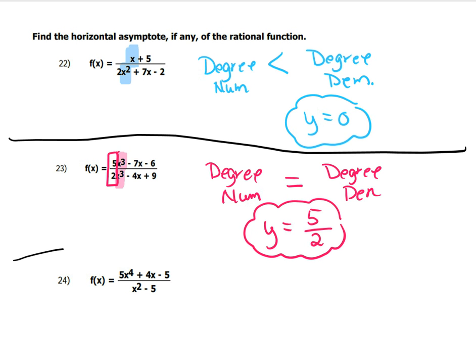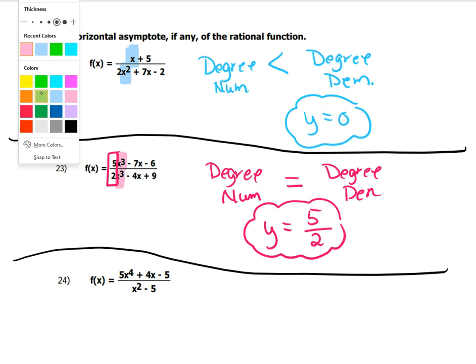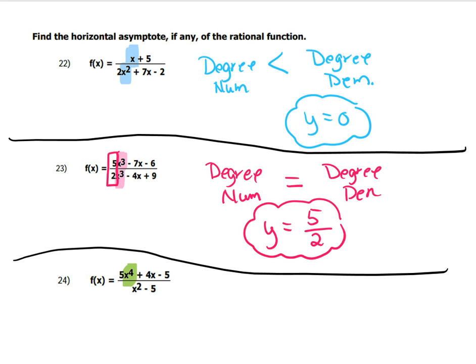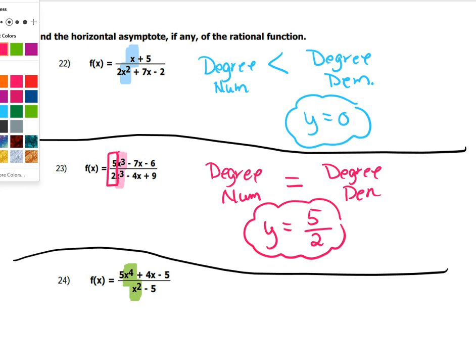And then the last one is the only other situation that it could be. On this one, the degree of the numerator is greater than the degree of the denominator.